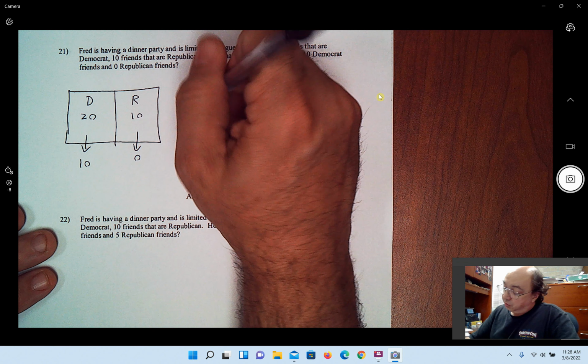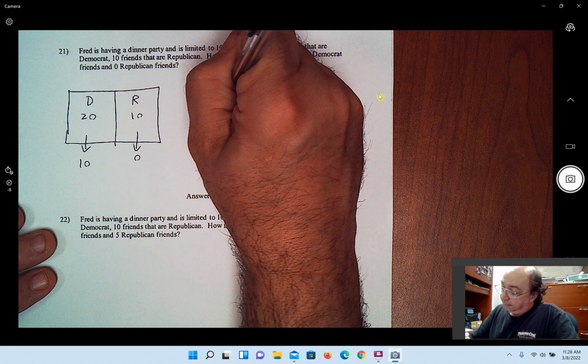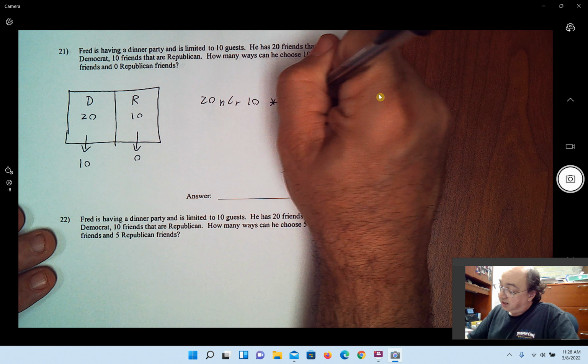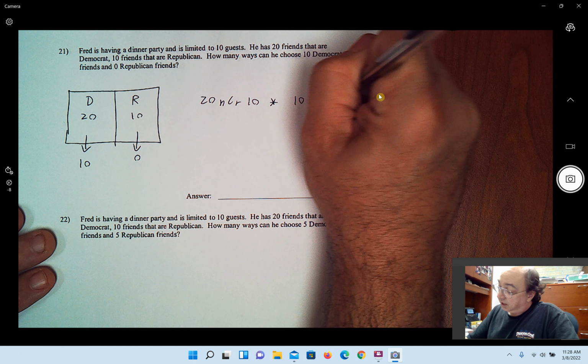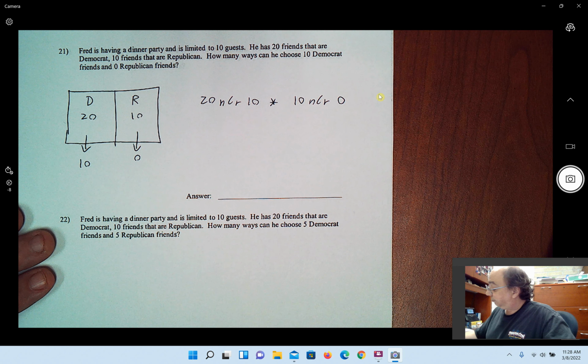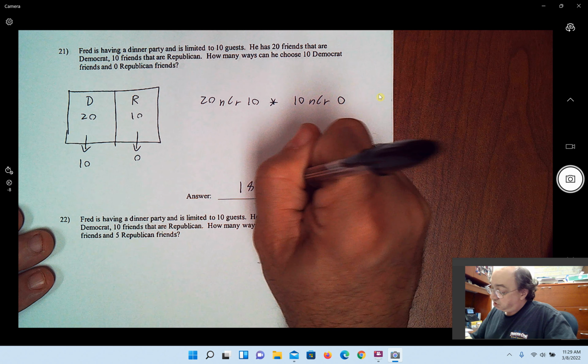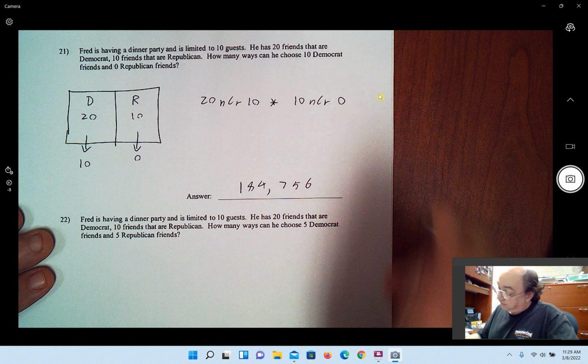So that is going to be 20 combination 10 times 10 combination 0. And that's going to calculate to 184,756.